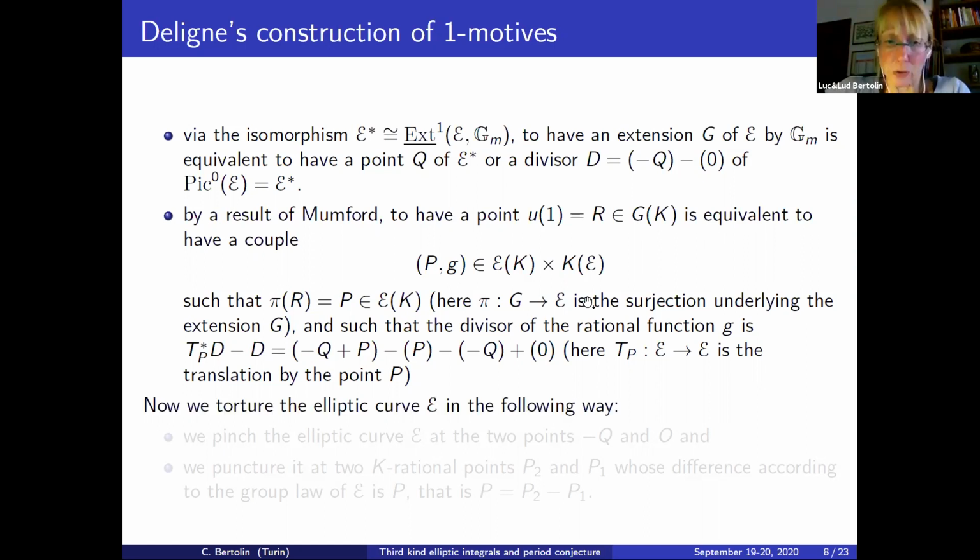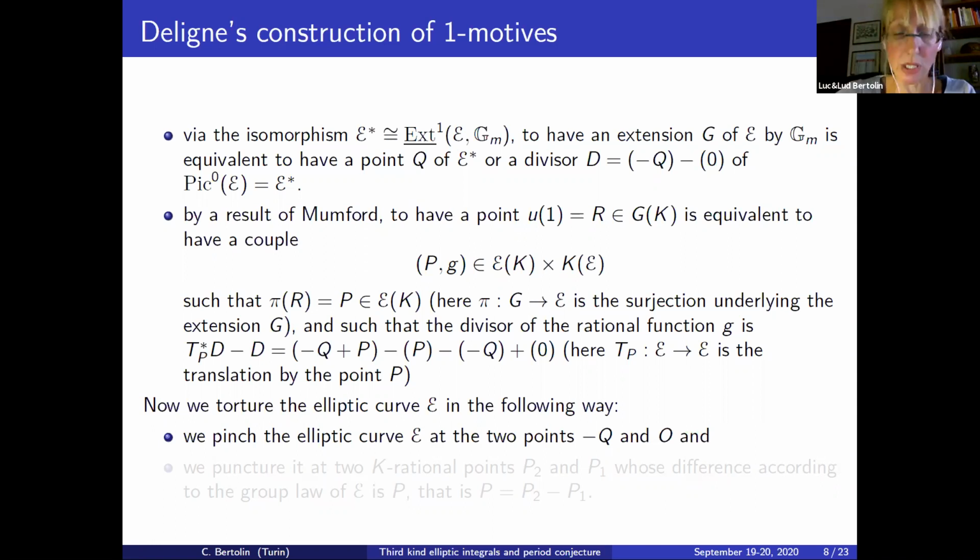In order, starting from the elliptic curve, to get really a 1-motif, we have in some sense to torture the elliptic curve in the following way. This was the original construction of Deligne.